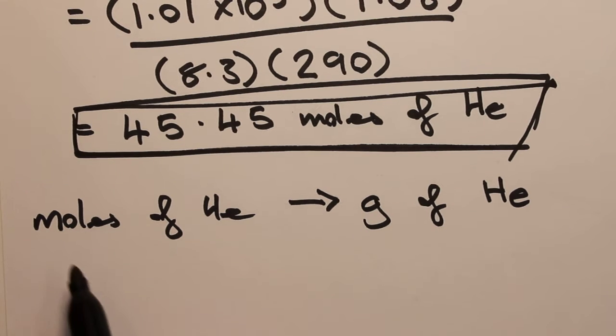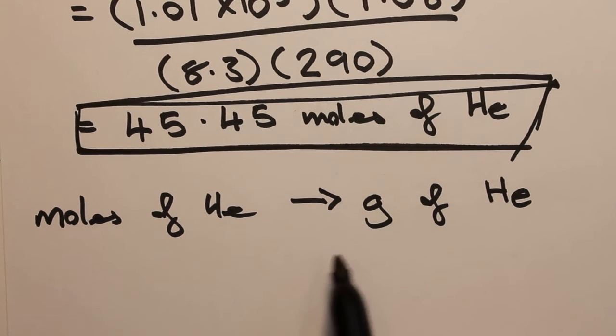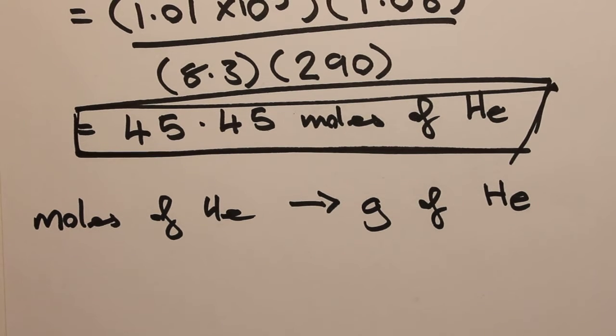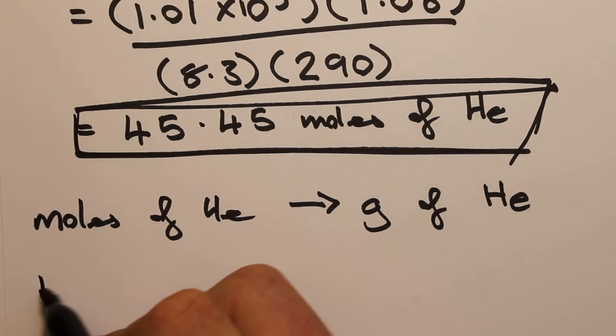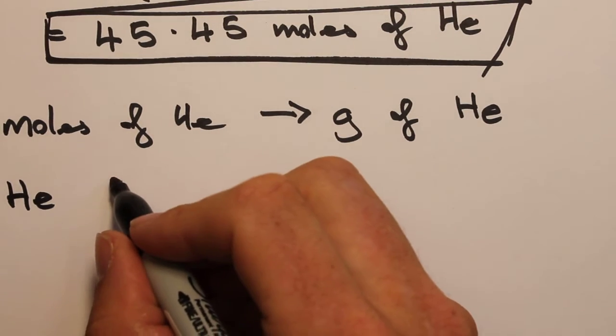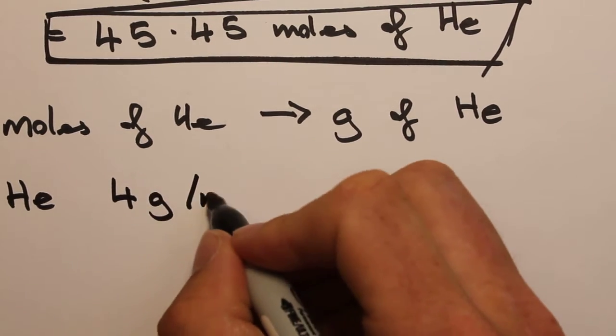So the moles, now we need to change from our number of moles of helium to our grams of helium. And to go from moles to grams, we have to use our atomic mass from our periodic table. So helium has an atomic mass of 4 grams per mole.